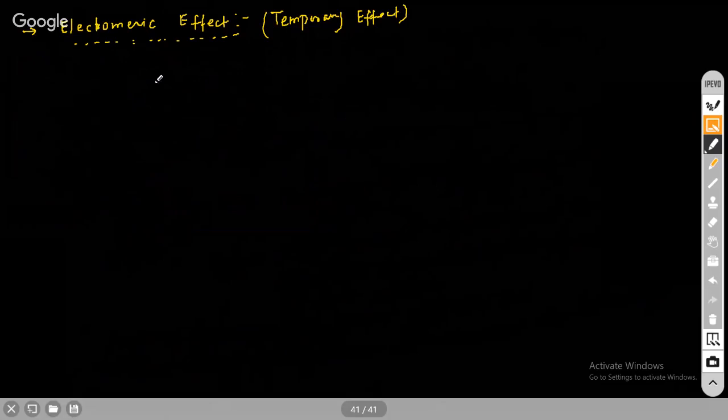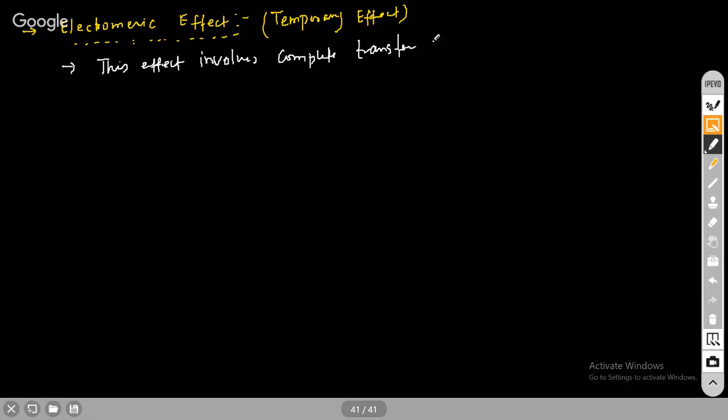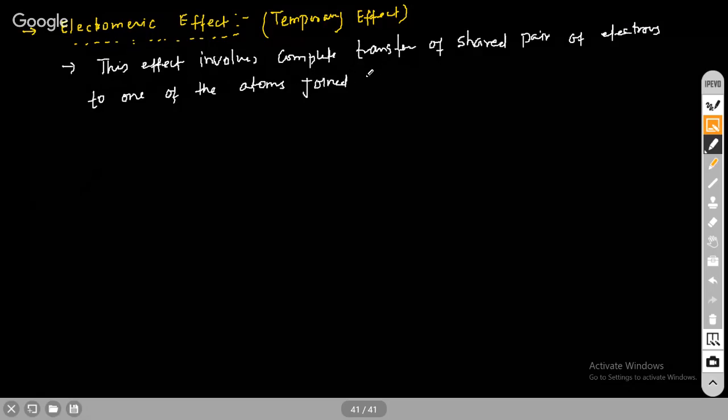Now, you see, this effect involves complete transfer of a shared pair of electrons to one of the atoms joined by a multiple bond.